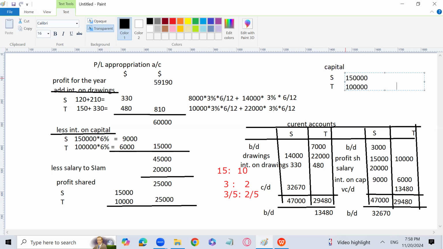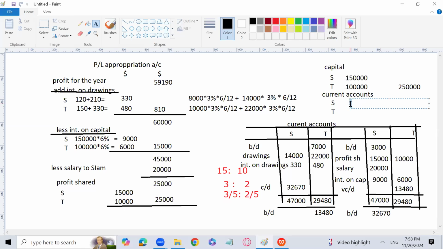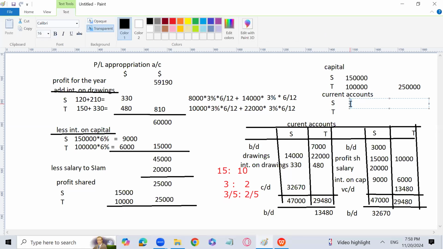So the total amount for capital is going to be 2,50,000. Now I'm going to write the current accounts. We have already calculated the balance of current accounts for S and T. For S, we have a credit balance of 32670, which is a positive balance.